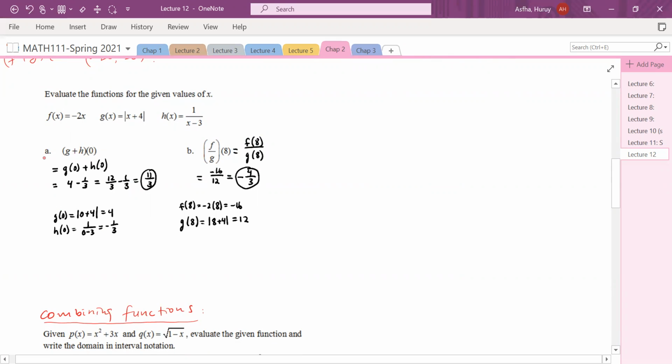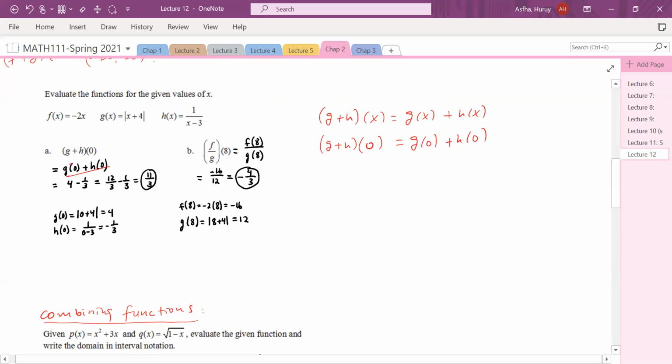So for part A, we are asked to find g plus h of 0. And we know g plus h of x is g of x plus h of x. Therefore, for g plus h of 0, just replace this x by 0. So this is what we have here.